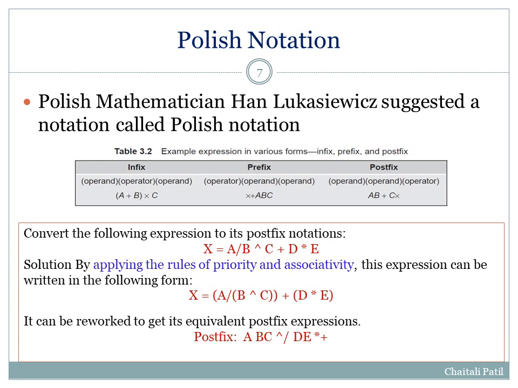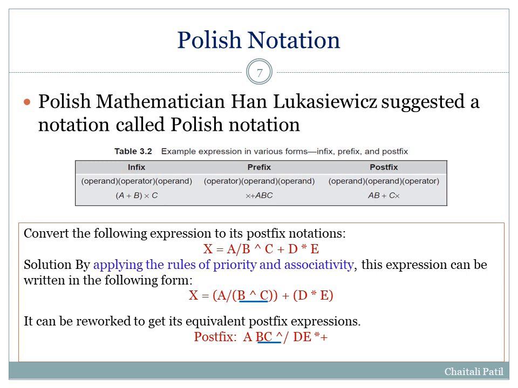So how do we convert this expression now? Here, the innermost bracket is b raised to c. While converting this b raised to c into a postfix form, it will be written as bc and then the raised to operator.